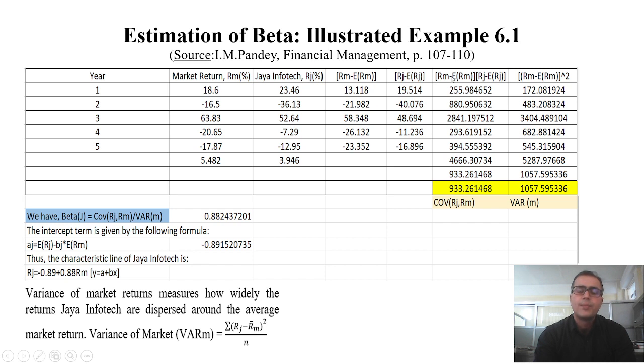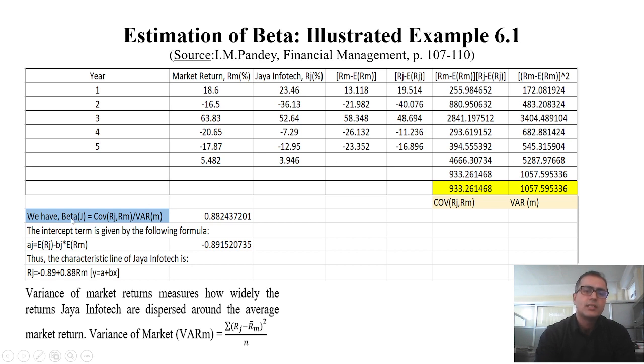Covariance is all about, at first, getting the sum of these products of differences, then the total is divided by the number of observations, which is 5 here. Since we need the variance of the market as well, that is the squared deviation from the mean return of the market, then lastly we divide by n, the total sum.